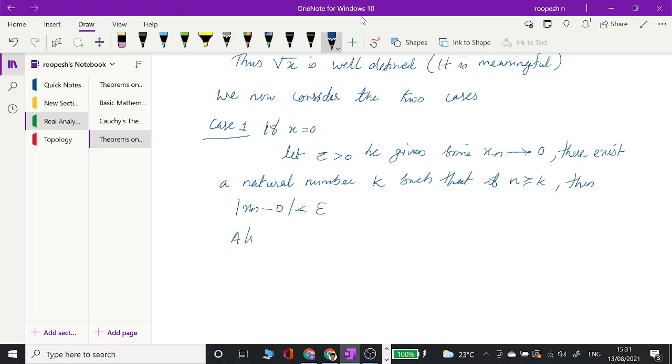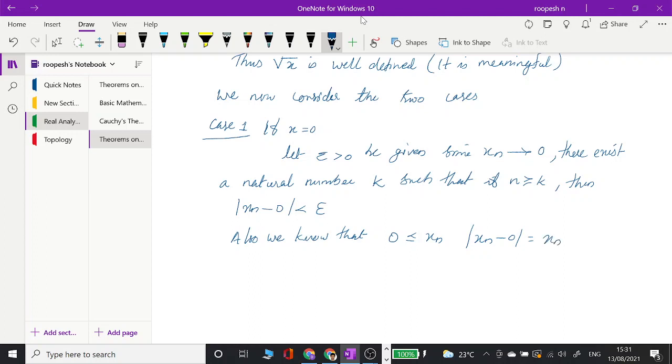Also, we know that 0 is less than or equal to xn. That means it is non-negative, and modulus of xn minus 0 is nothing but xn itself.